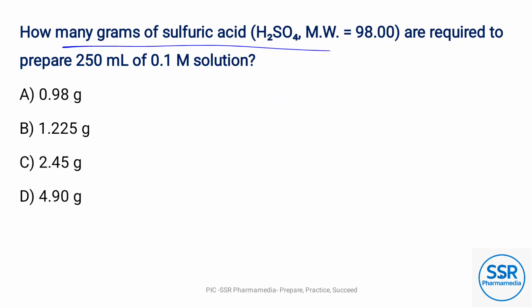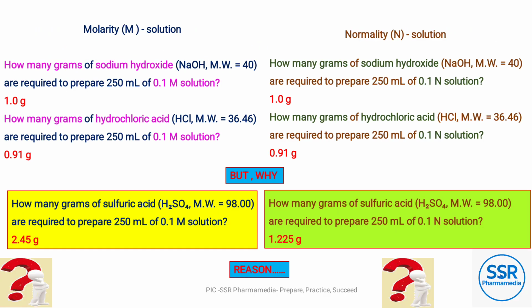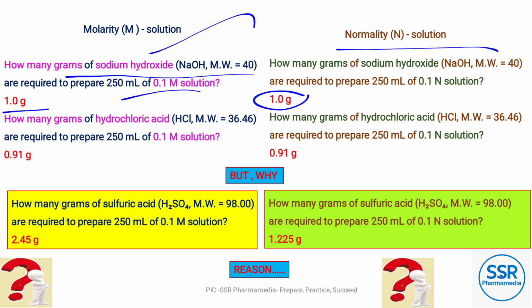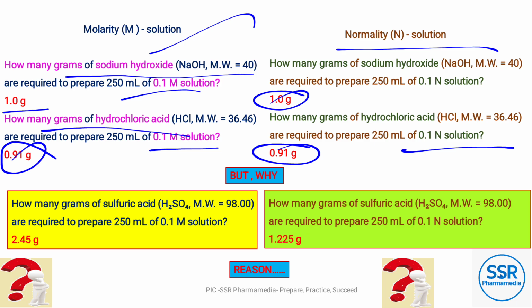And how many grams of sulfuric acid are required to prepare? If you see in this slide, sodium hydroxide for 250 ml preparation requires 1 gram, so in molarity solution and normality solution also 1 gram is required. At the same time, hydrochloric acid requires 0.91 gram to prepare 0.1 molar solution, and this is also the 0.1 normal solution.